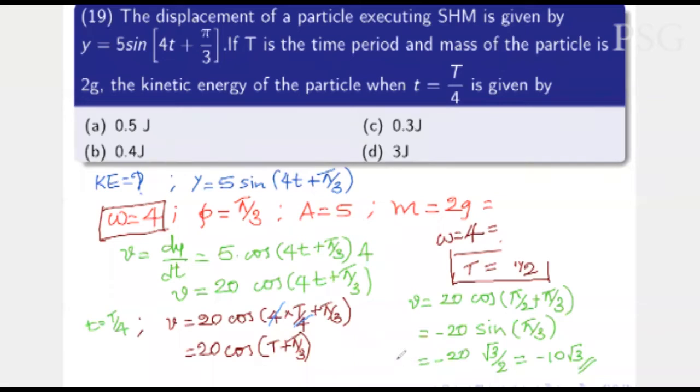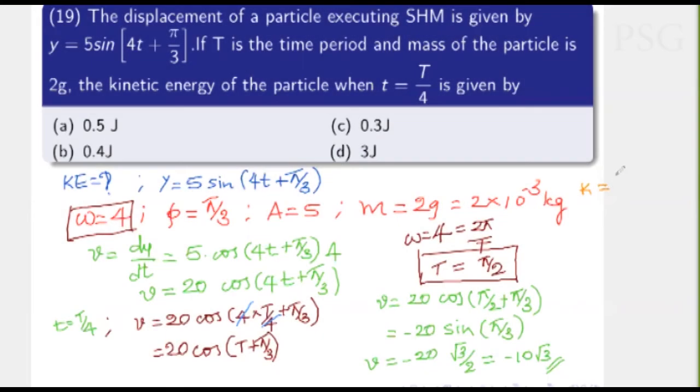This is the velocity. So now we can write kinetic energy K equals half mv squared. K equals half into what is the mass? The mass is 2 grams, so 2 into 10 power minus 3, and v squared.